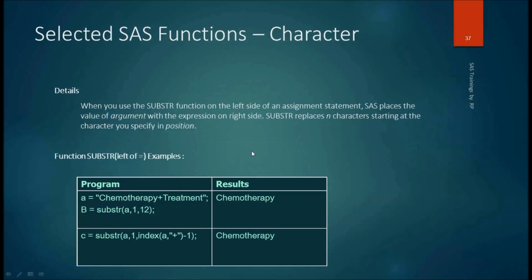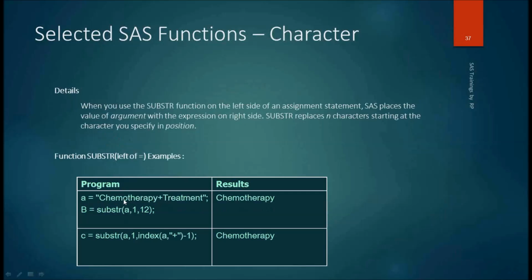So if we see the example of the substring function here, we have a variable called A that contains chemotherapy plus treatment. My requirement is to consider only chemotherapy from this character constant. So I have used a substring function, and A is my argument.